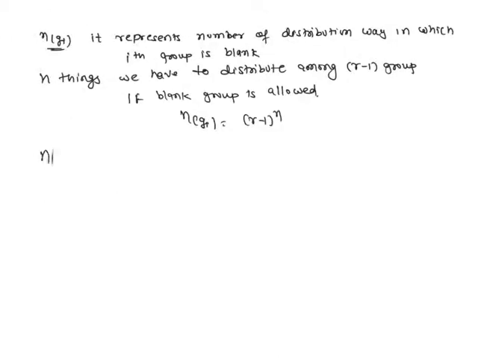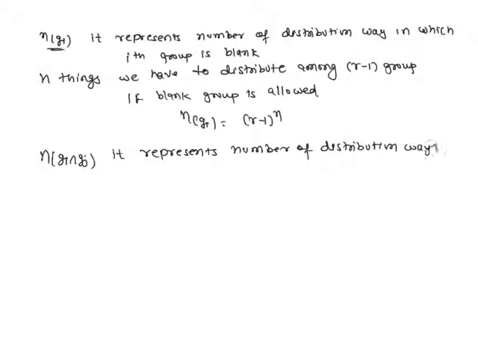Now we'll find out n(Gi ∩ Gj). It represents the number of distribution ways in which the ith and jth groups are blank.